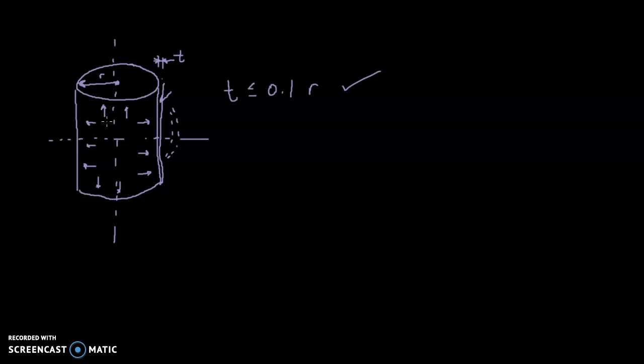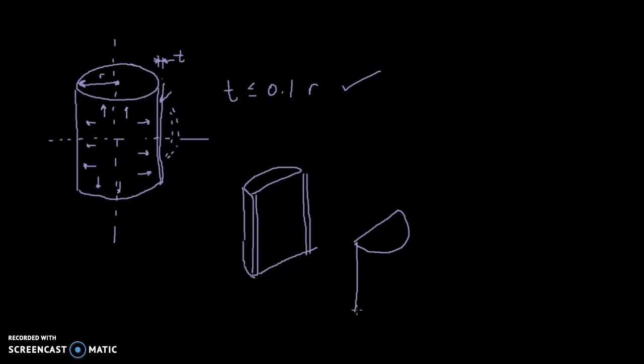If we slice through a cylinder vertically, we'll cut it into two halves. I'll try my best to draw an isometric drawing here of half of the cylinder. And then we've got the other half of the cylinder over here.